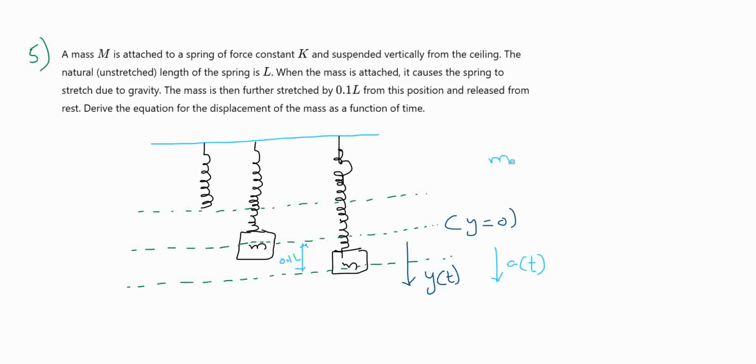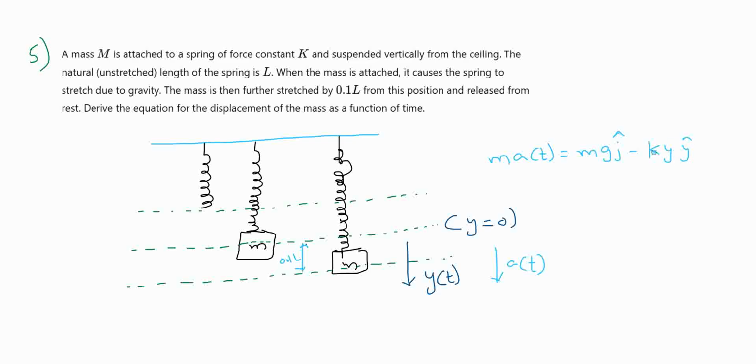In the positive direction we have gravity, so I'm writing mg j cap, minus the spring force, which is upwards, towards the negative direction, hence it is ky j cap.